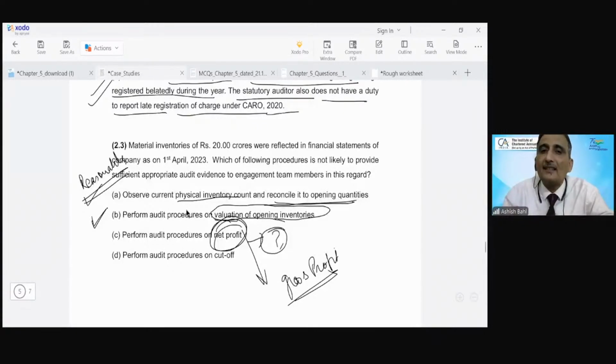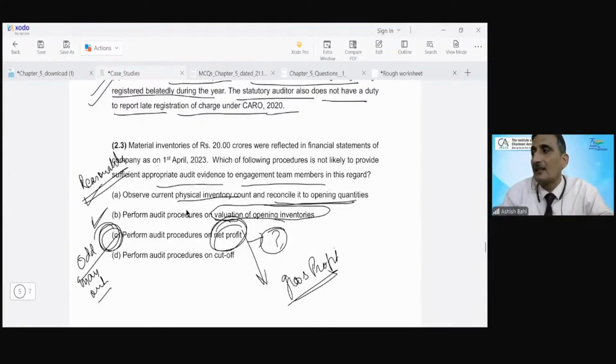Okay, so the answer is C. This is wrong. This is the odd man out. So the right answer is C. This cannot provide sufficient appropriate audit evidence regarding opening inventories. So Ritika, yes, you have answered correctly.